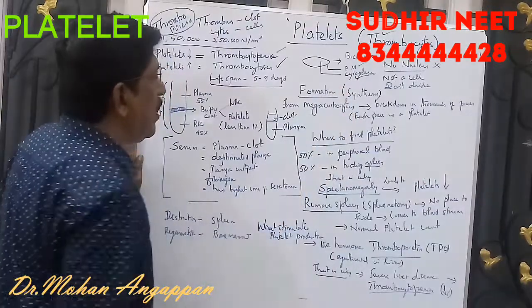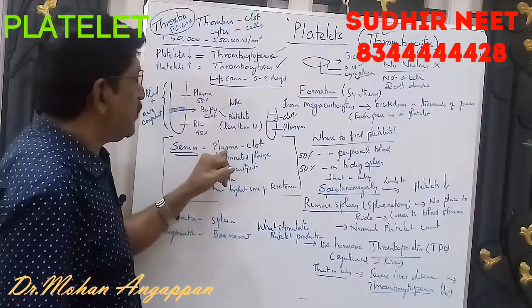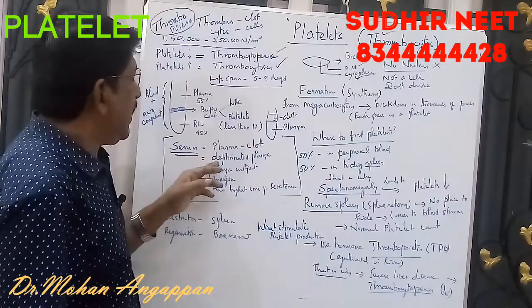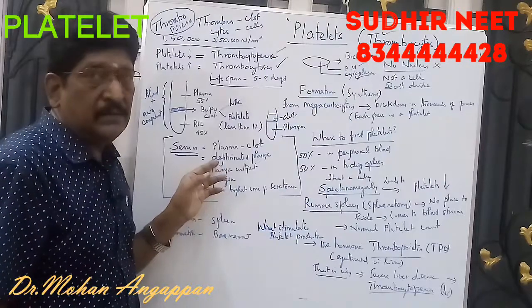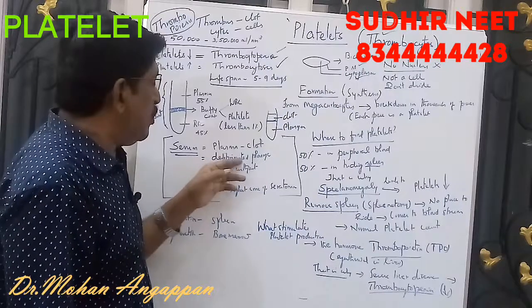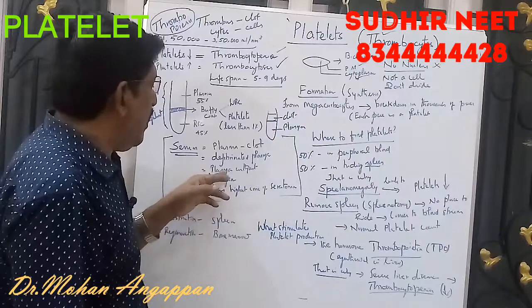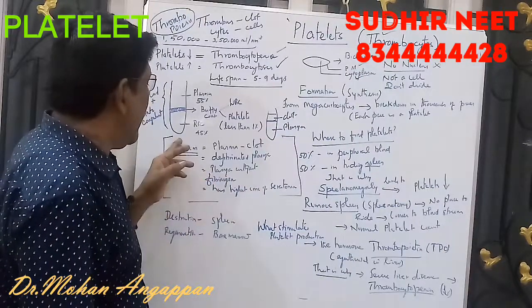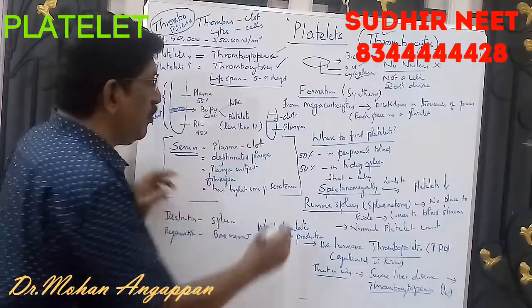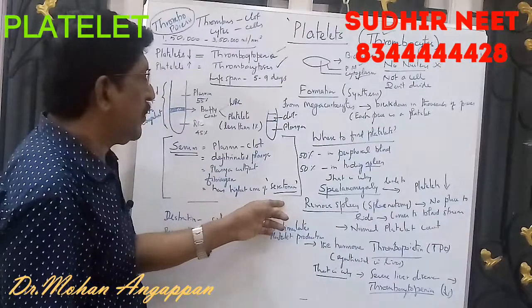If you remove the clot, then that is called serum. So serum is plasma without the clot. Serum is defibrinated plasma, because fibrinogen in the plasma is responsible for clotting. So plasma without fibrinogen is called serum. It has the highest concentration of the hormone serotonin. You must know this also.